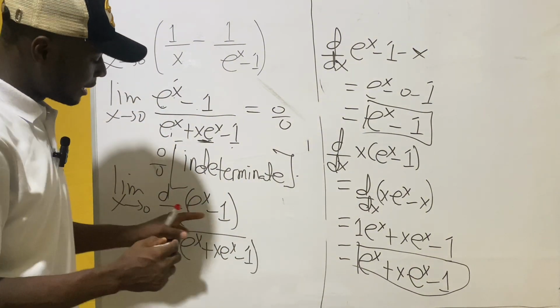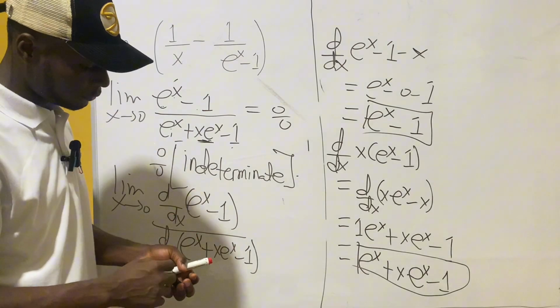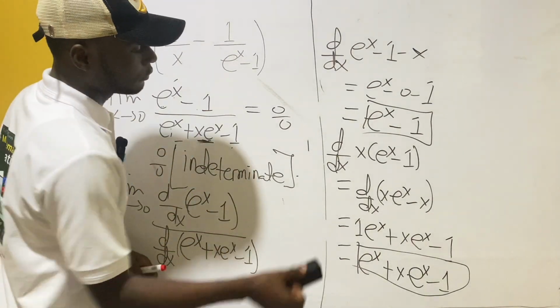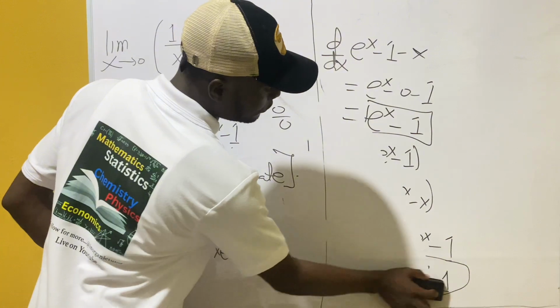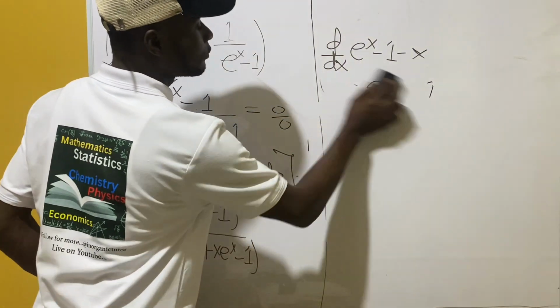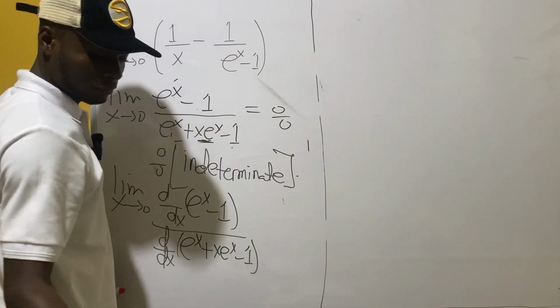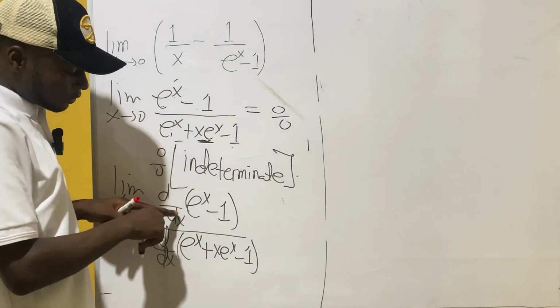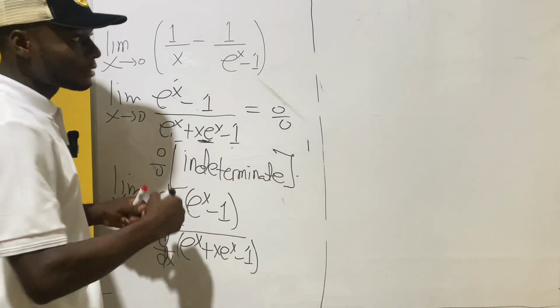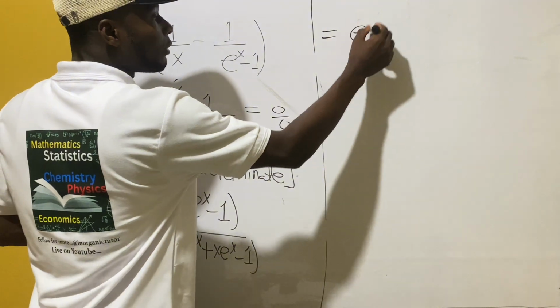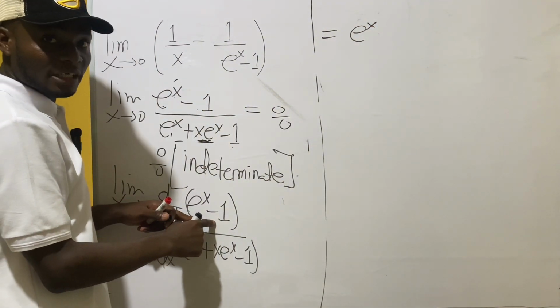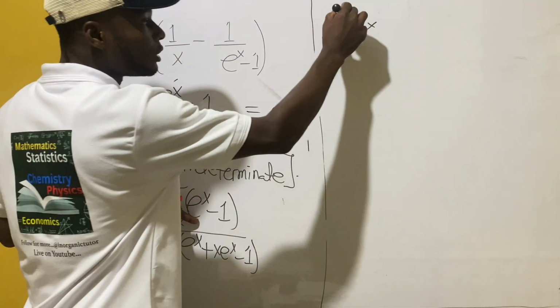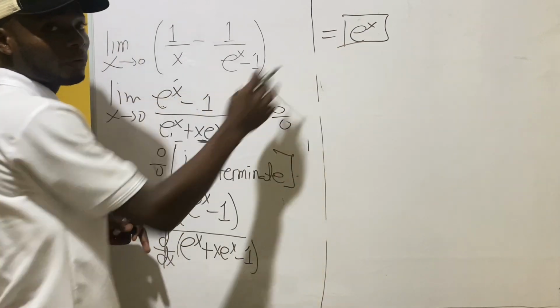Now let's take the numerator. When you differentiate e power x, you are going to have e power x. Then the derivative of -1 becomes 0. So for the numerator, we have e power x.